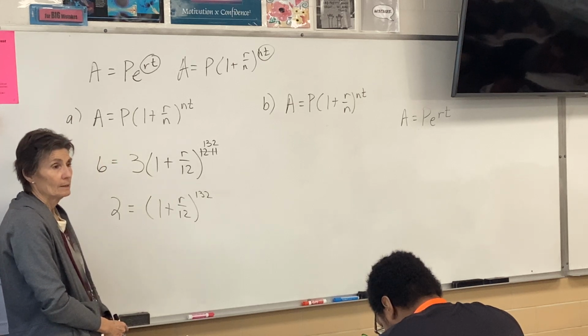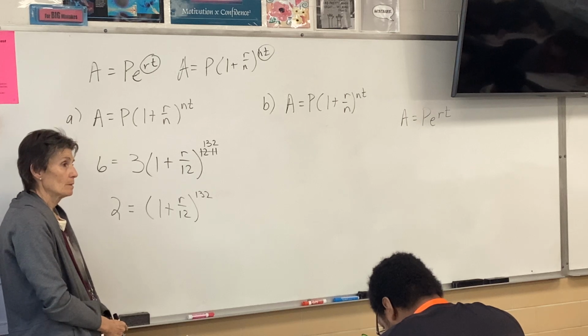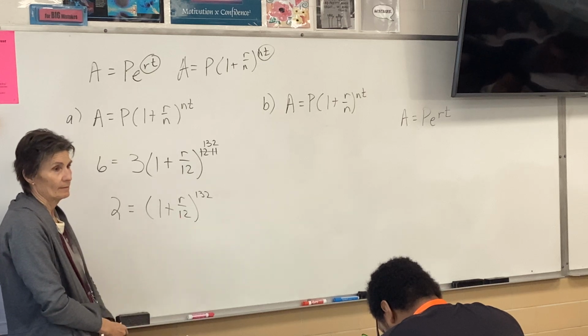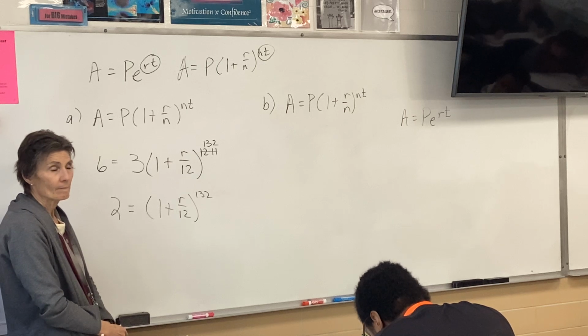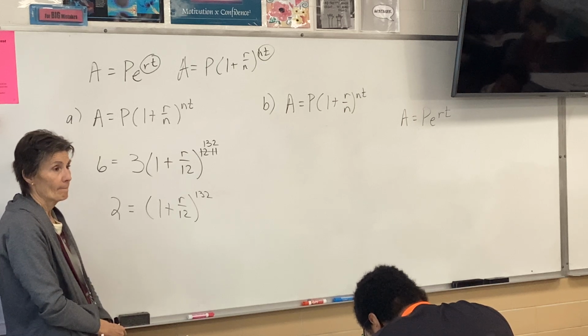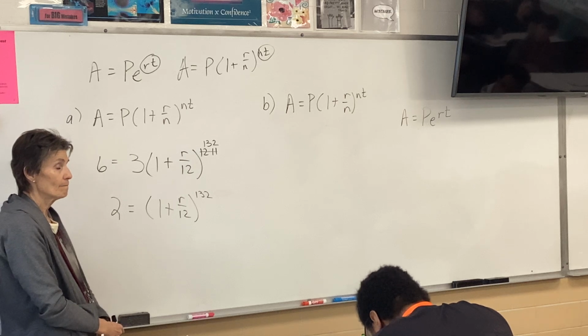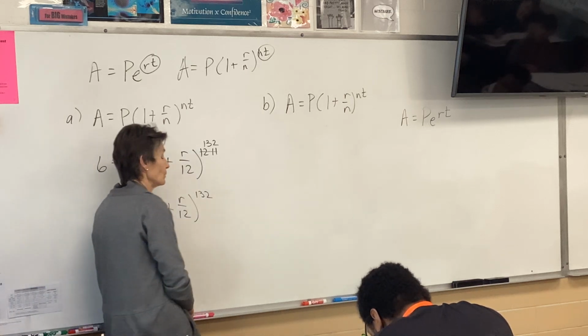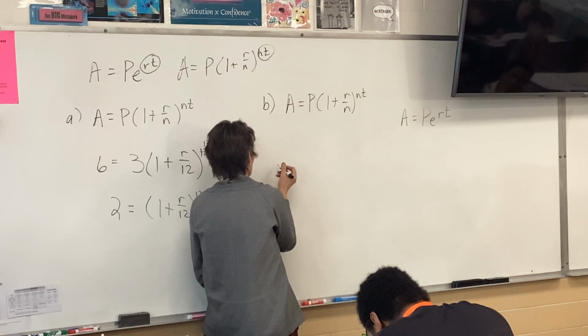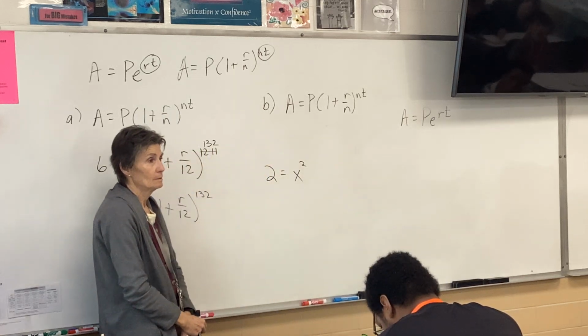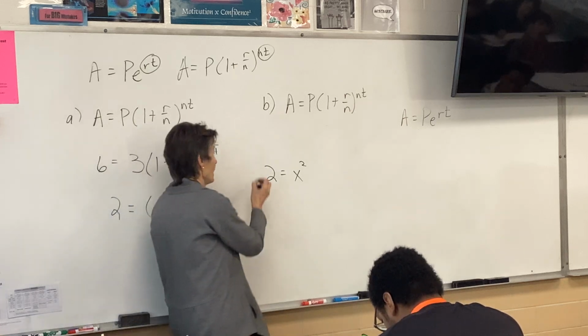Okay? Now, I gotta get R out of that parentheses. What am I gonna have to do? What do I do when I have a problem like 2 equals x squared? I square root, right?